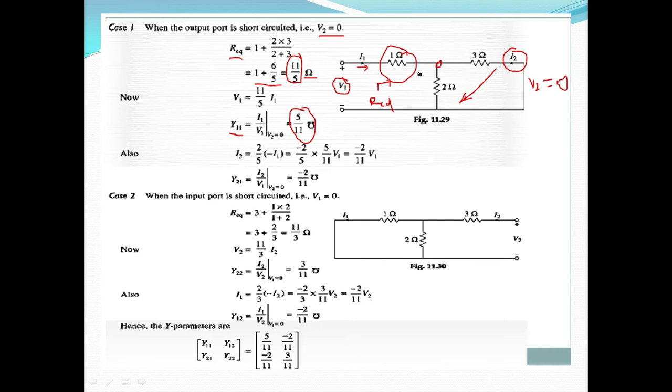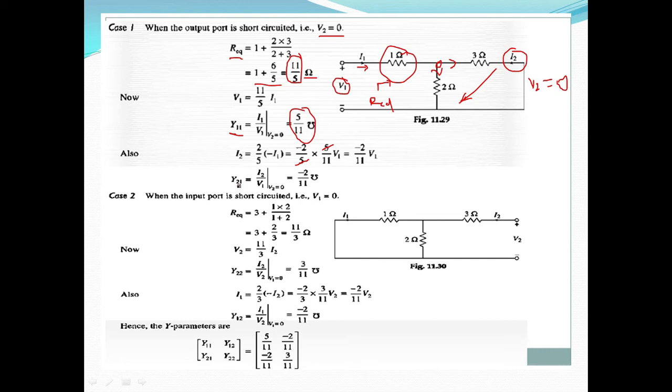That's why the current will be flowing in the opposite direction. Hence minus 2 upon 5 into I1, which is minus 2 upon 5 into 5 upon 11 V1. Therefore the 5 and 5 get cancelled, and minus 2 upon 11 V1 is the value for I2.